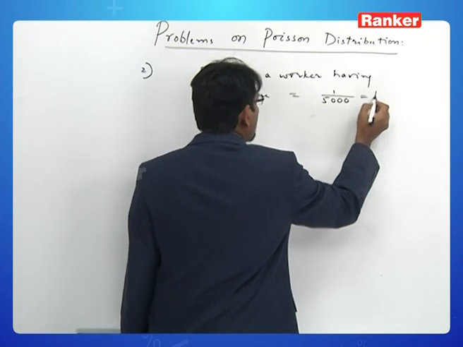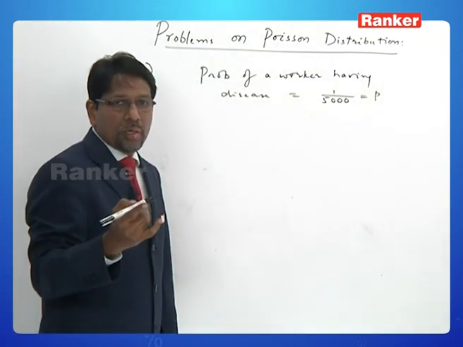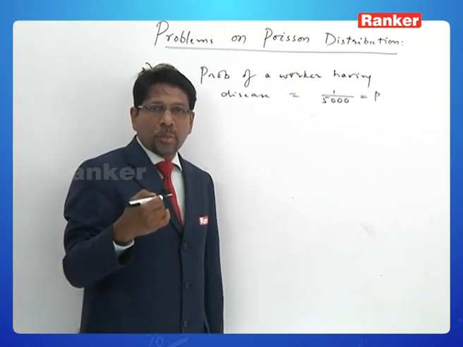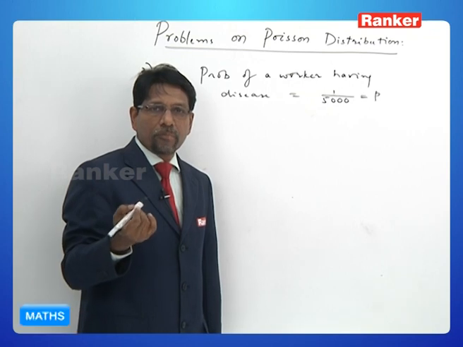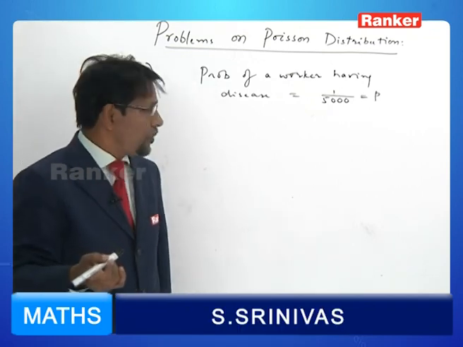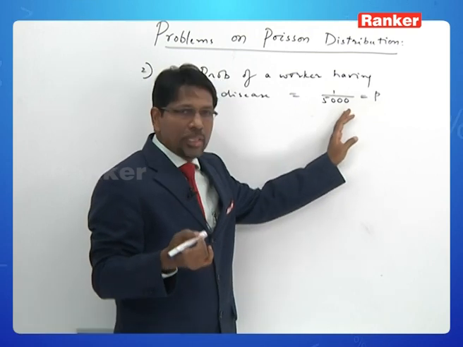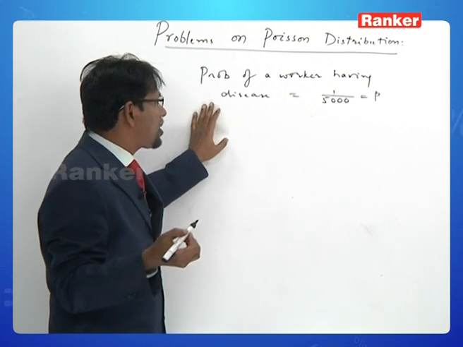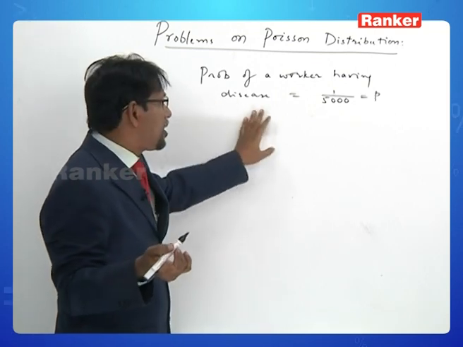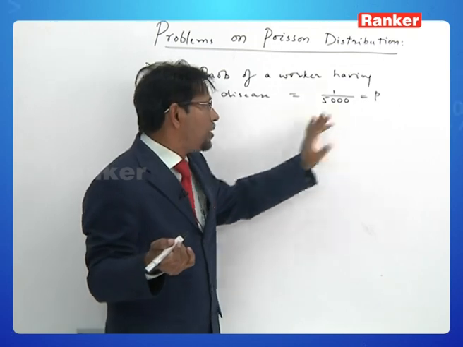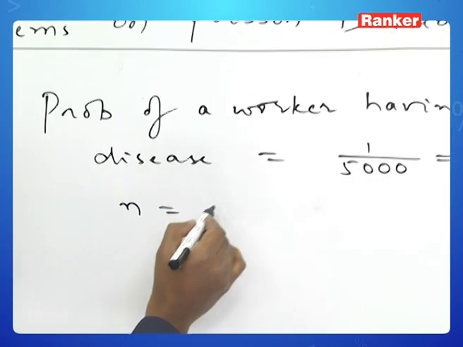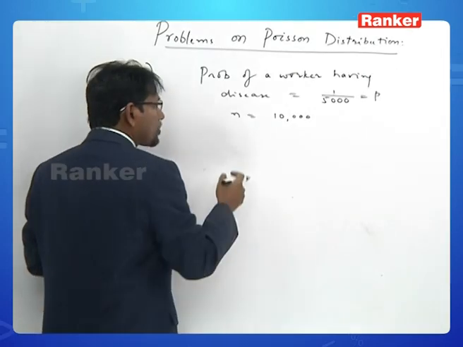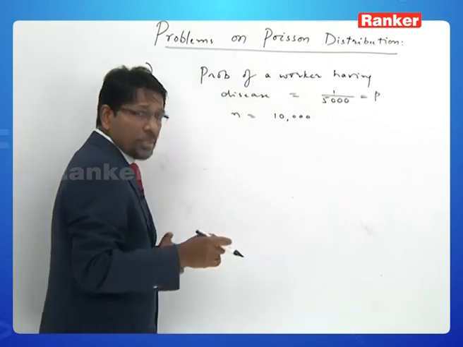So this is our P. I told you earlier that Poisson distribution is a limiting case of a binomial distribution where P is small and N is large. Here P is the probability of success, or finding a worker to have a disease, and N here is the total number of workers that we are examining, that is, number of trials we can say.